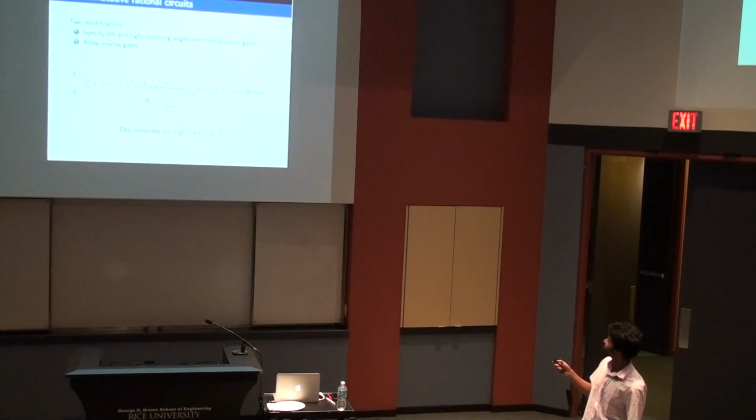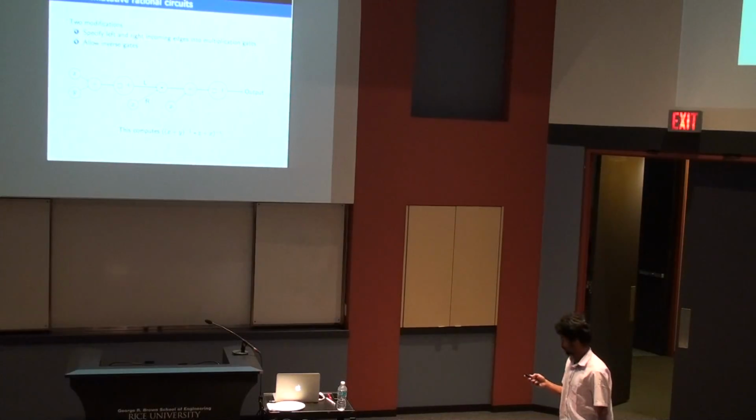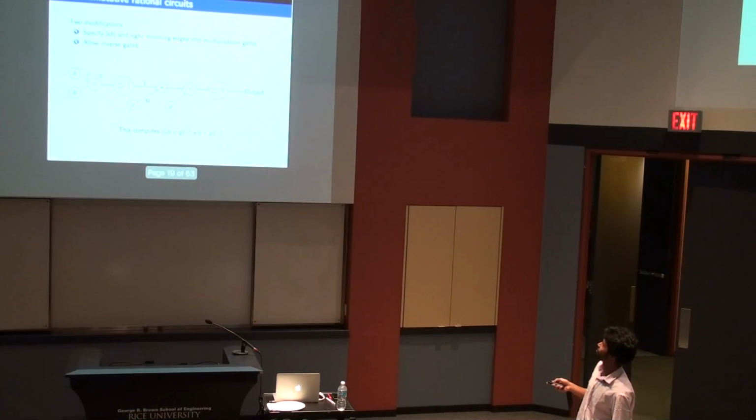So this particular circuit is supposed to compute x plus y inverse multiplied by z plus x whole inverse. And we'll see this once again step by step. So that first addition gate just computes x plus y. Then that's the inverse gate, and I really don't have a better notation for an inverse gate. We'll just take x plus y and give you x plus y inverse.